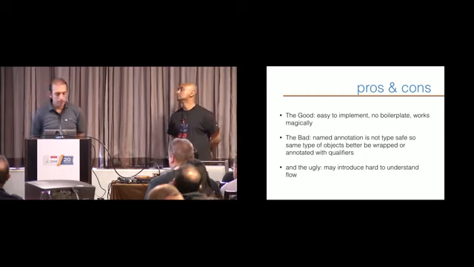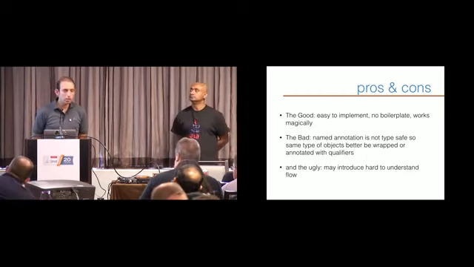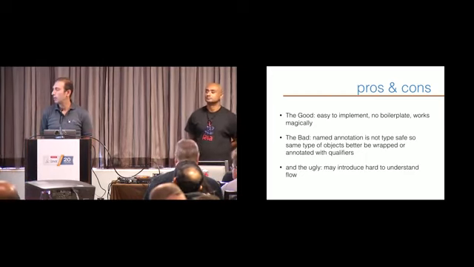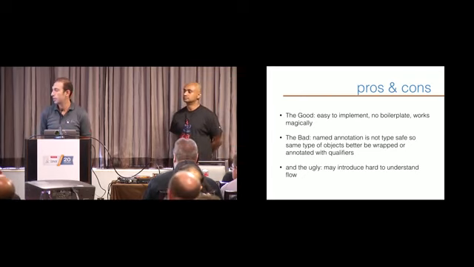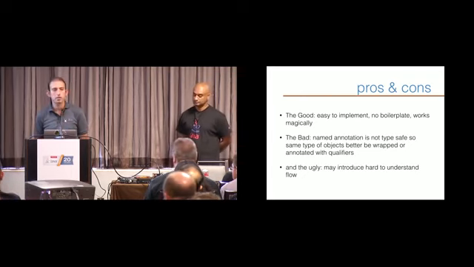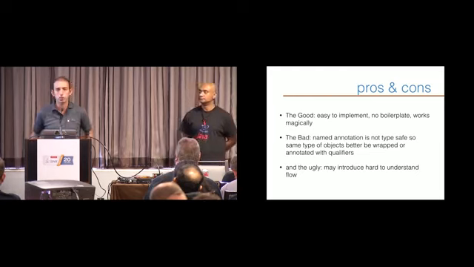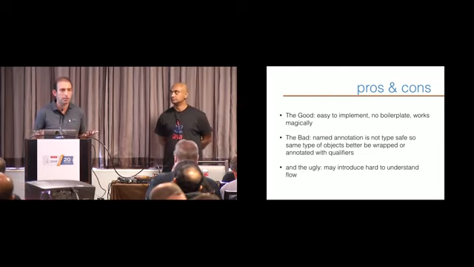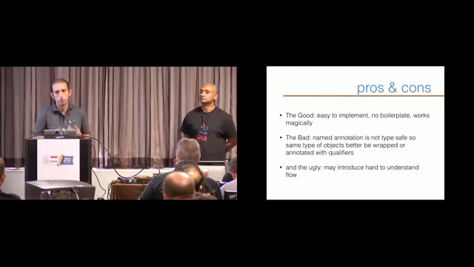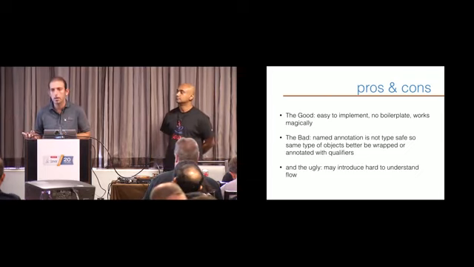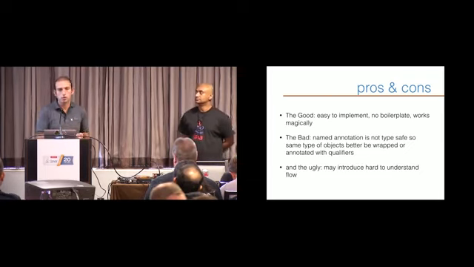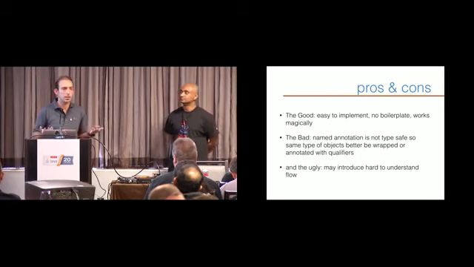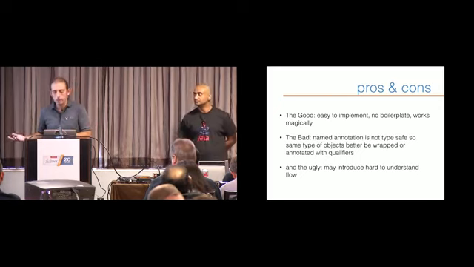And the ugly part is it may introduce some level of confusion if someone is new to your project, because the execution flow just works magically. Some part of your code is producing some objects, and they're magically injected into some other parts, which is not really the way you just follow the code and read everything.